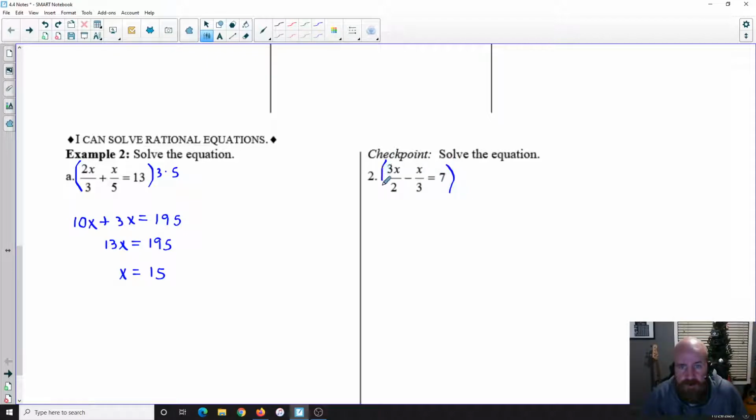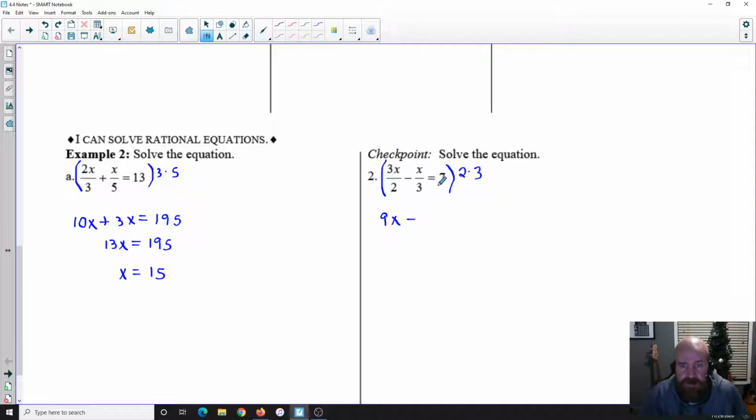Alright, so what we're doing is we're multiplying by the least common denominator, which is 6, but if we write it out this way, that would be 2 times 3 would be 6. Multiply the first fraction, the 2's cancel out, so we get 3x times 3.